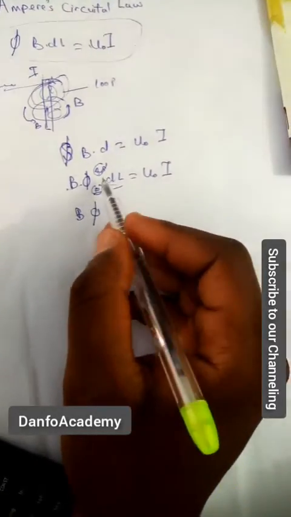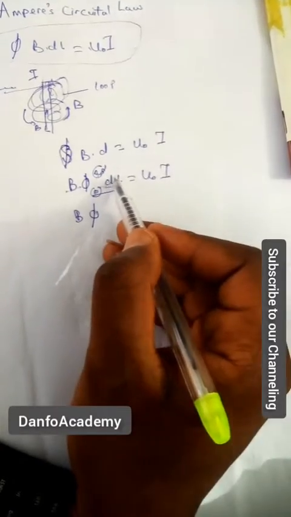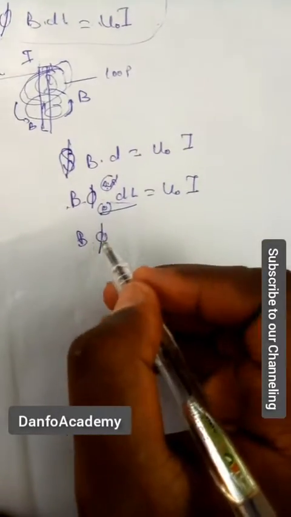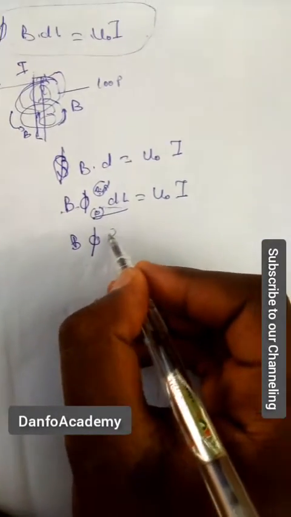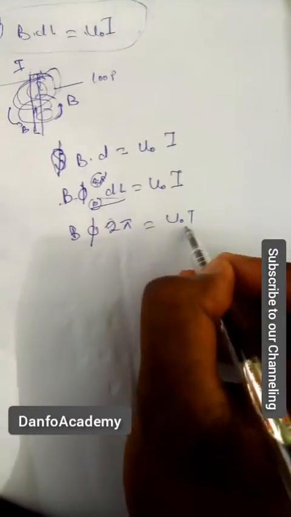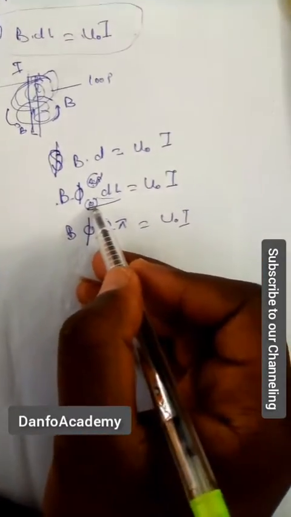Now let's say we start with, let this dL be 2π. So it's going to be like this, B times 2π here equals μ0I. Now don't forget the 0 too.